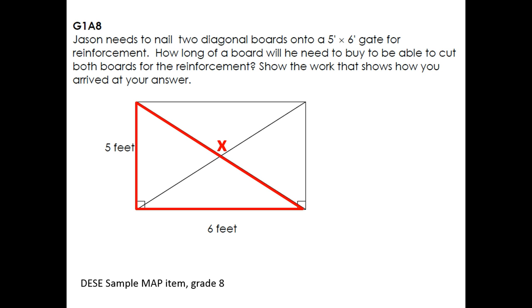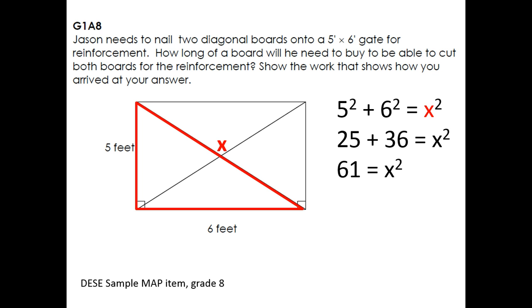We'll call that x, and we'll use the Pythagorean theorem, which says 5 squared plus 6 squared would have to equal x squared. Now that means that x squared would have to equal 61, which means x is the square root of 61 feet. That's the length of one diagonal.